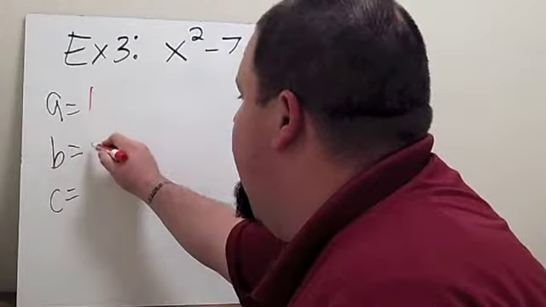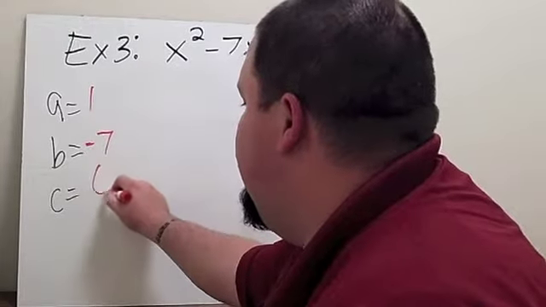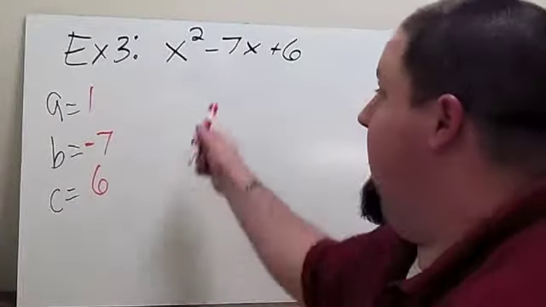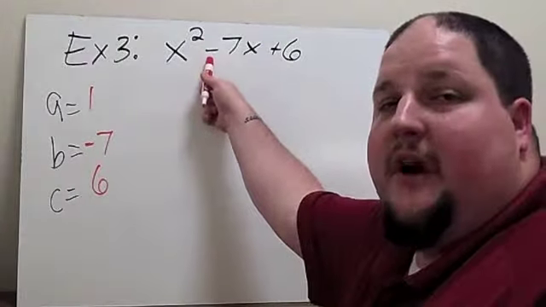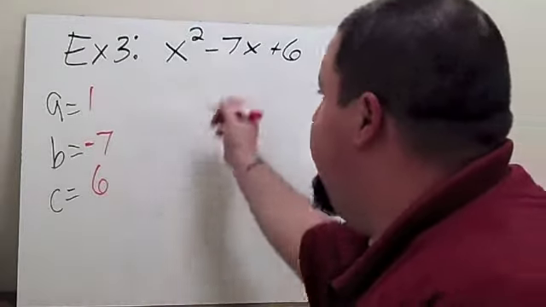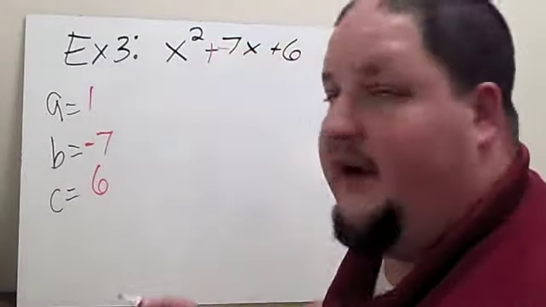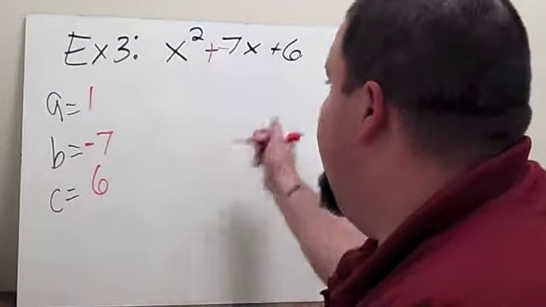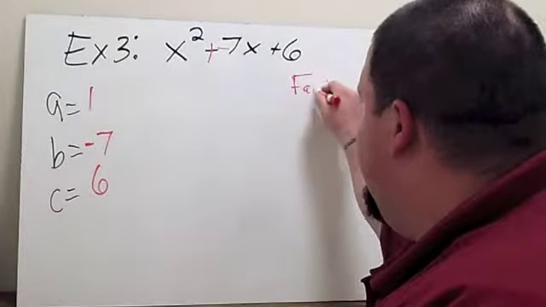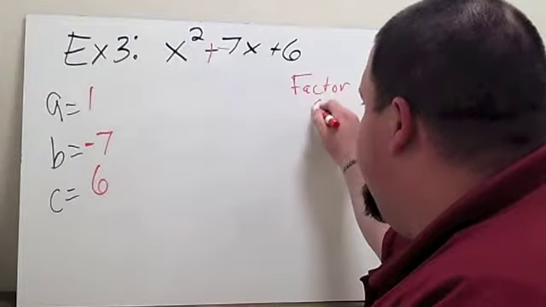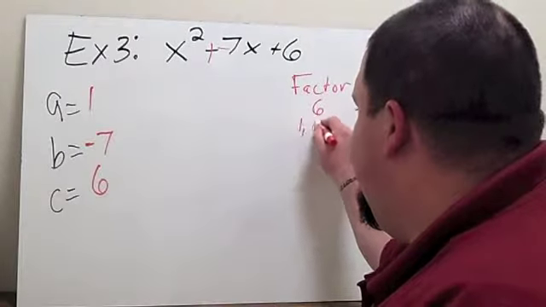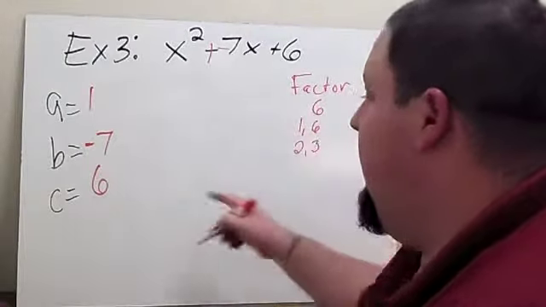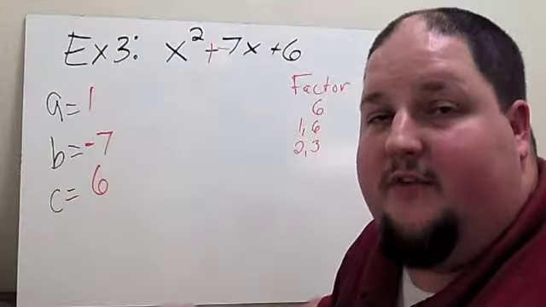A is 1, b is negative 7, and c is 6. The negative comes from this minus sign. Minus is also plus a negative. Be very careful when you're dealing with those signs. So now I have to find factors of 6, which are 1 and 6 and 2 and 3, that add up to be a negative 7.